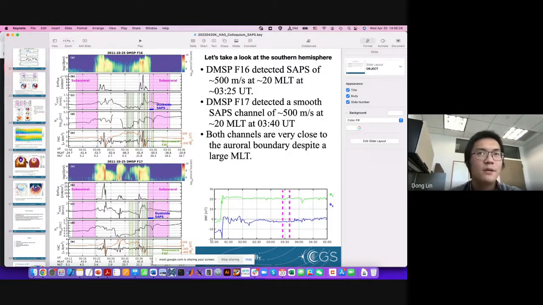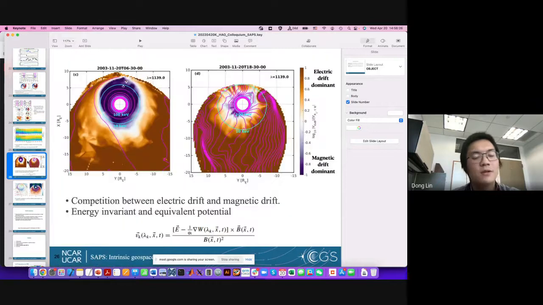So far, when people talk about SAPS, they are referring uniquely to the dusk side. The dawn side, as we explained here, requires a very strong magnetospheric convection or very strong driving condition to occur, so that the magnetic drifts can be overturned.